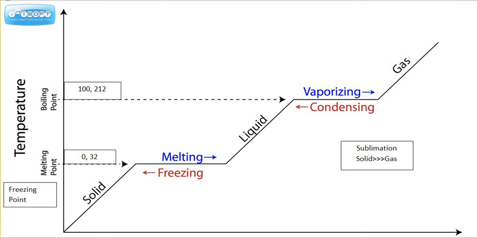If you look on the y-axis, you see temperature, and then you see melting point and freezing point that are 0 degrees Celsius and 32 degrees Fahrenheit. And above that, you see boiling point at 100 degrees Celsius and 212 degrees Fahrenheit.